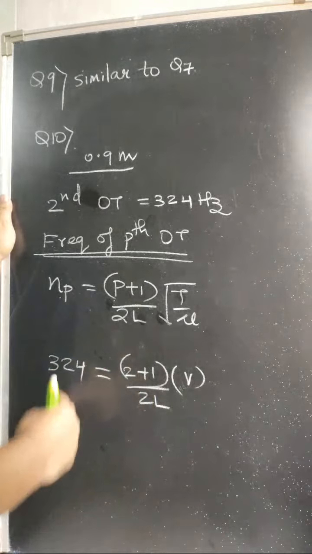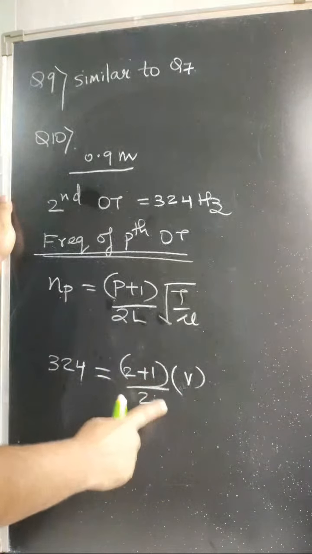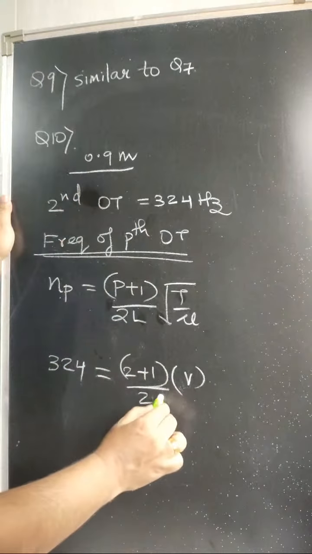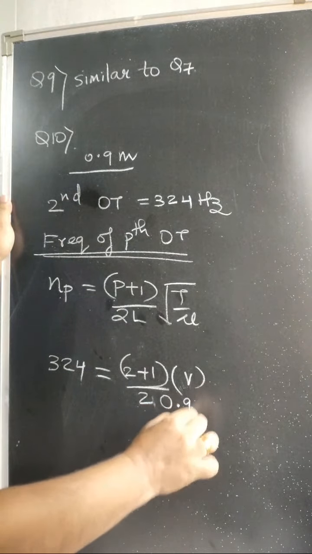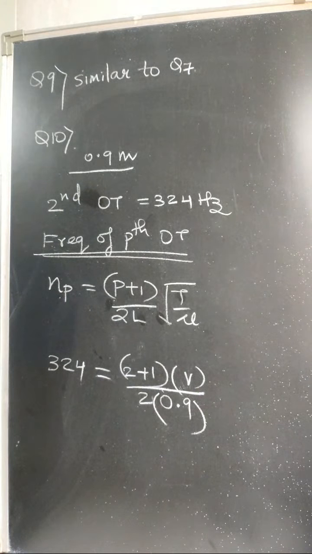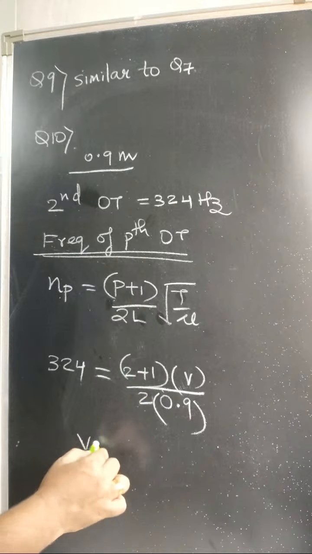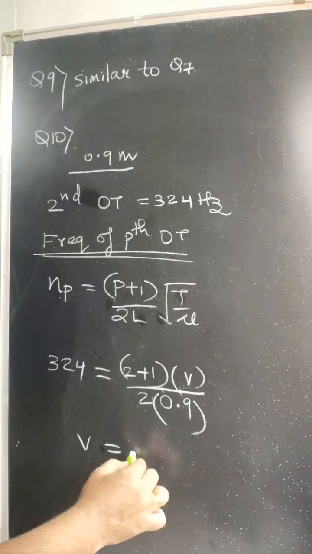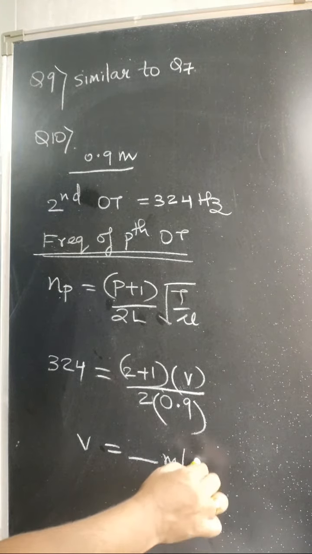So if we try to solve this, the length is given as 0.9. Now just cross multiply this, so you will get the answer for V in terms of meters per second.